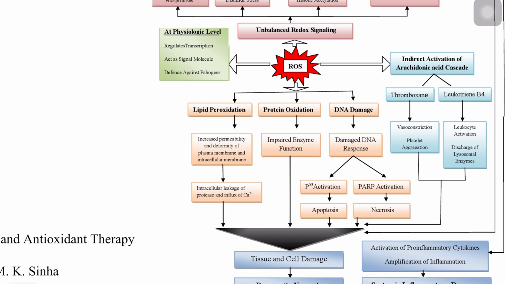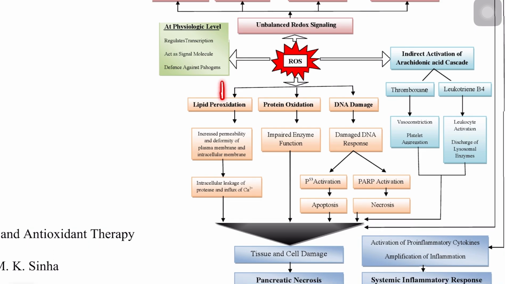Other mechanism, ROS can cause lipid peroxidation, increased permeability, because we know that in the cell membrane we have a phospholipid, increased permeability and deformability of the plasma membrane and the intracellular membrane. In this case, intracellular leakage of the proteins and influx of calcium happen.